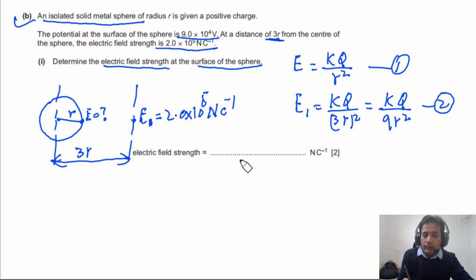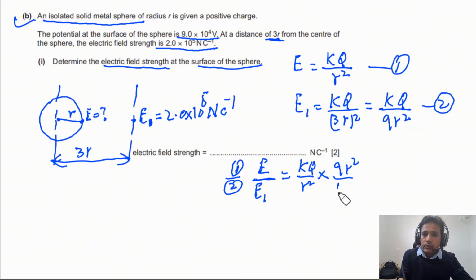Now if we divide equation 1 by 2, we get E divided by E1 equal to kq over r square multiplied by 9r square divided by kq. So you can see these two quantities will be cancelled, and r square cancels with r square. So what is left behind is 9.